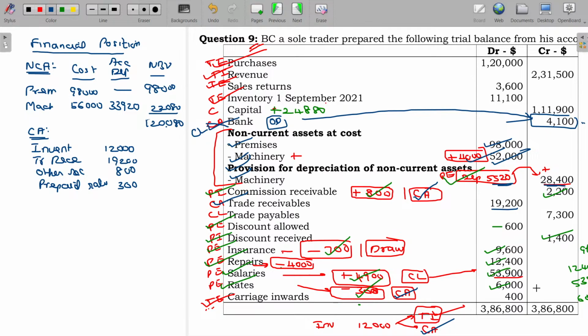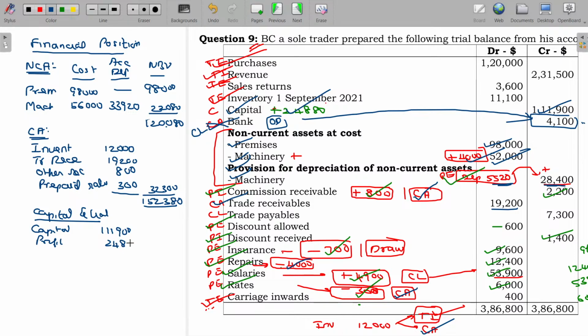Okay. We have incorporated all these things. Now the total of current assets being 32,300. Total of all the assets being 1,52,380. Now capital and liabilities. Capital will start with 1,11,900. Profit for the year 24,880 should be added.